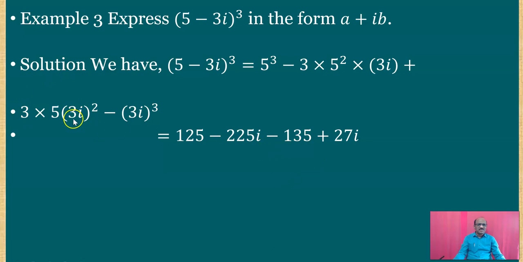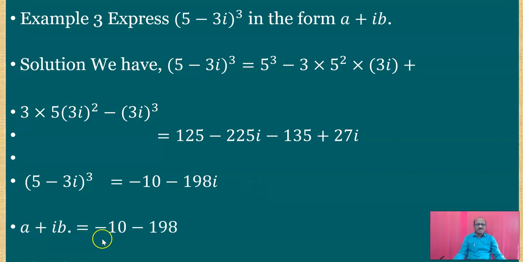Here is 9 into again 3 into 5. Hence you will get the simplification of 125 and -135, which is -10, and -225i - 27i. Overall you will get -198i. Therefore a + ib is equal to -10 - 198i.